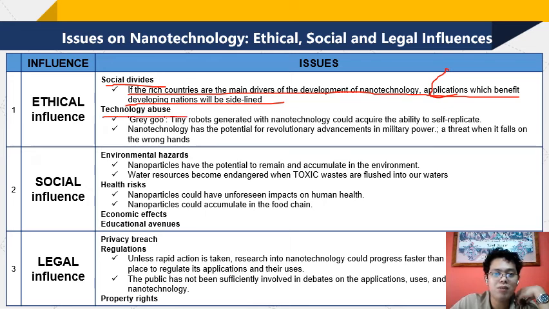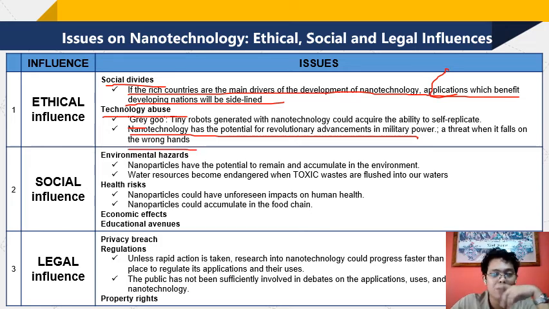Technology abuse as well, no? The gray goo, tiny robots generated with nanotechnology could acquire the ability to self-replicate. And then nanotechnology has the potential for revolutionary advancements in military power, a threat when it falls on the wrong hands.